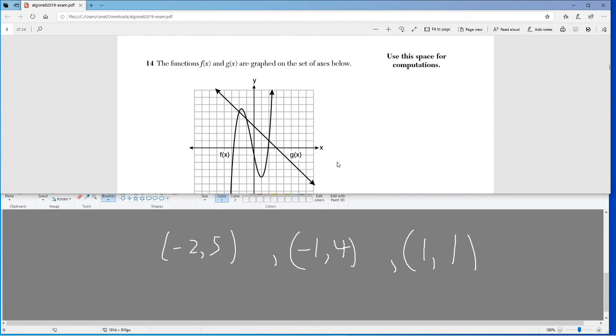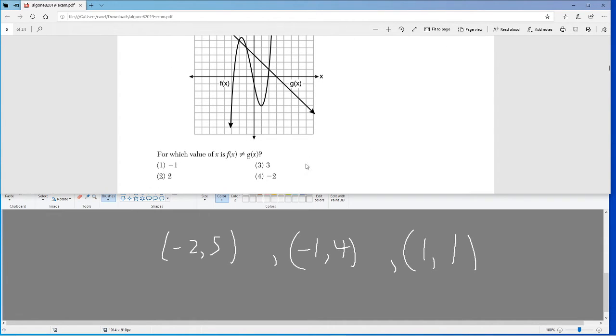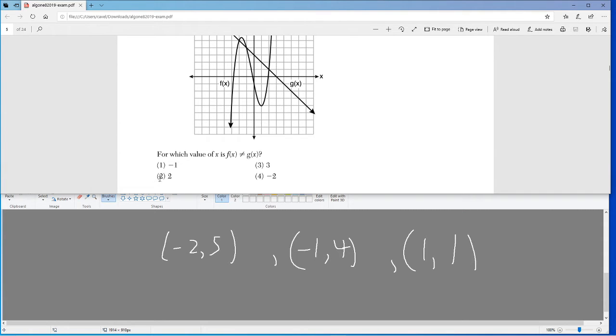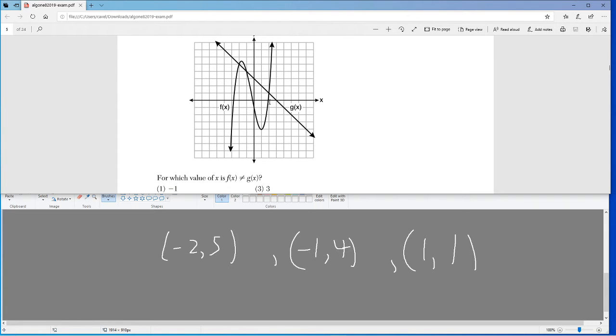So the question is asking for which value of x is f of x not equal to g of x. In other words, when do they not intersect? So they intersect at -1, that's no good. They intersect at -2, that's no good. And let's see, the two choices we have are x equals 2 and x equals 3.